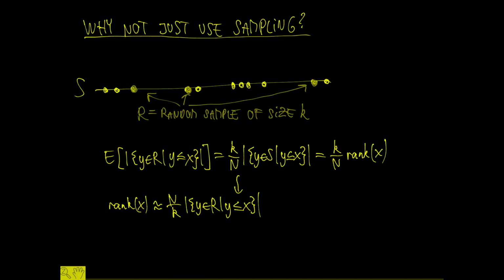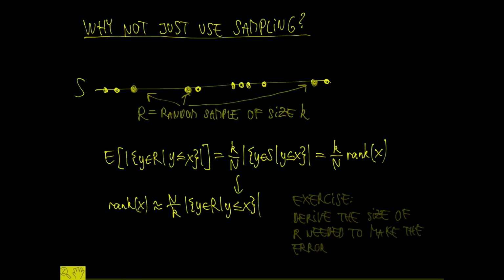Inverting this, we could approximate rank as n over k times the rank in the sample. In the exercises next week, we're going to see that this doesn't give as good a solution as we would like. The size of the sample needed to make this work is considerably larger than 1 over epsilon.